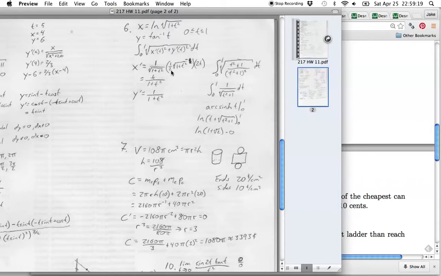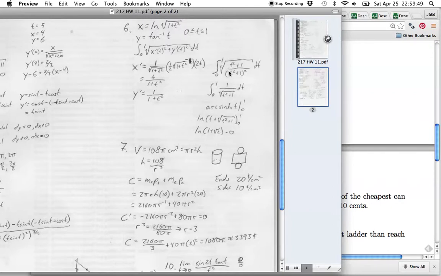So we get these 2's canceling. We get 1 over the square root, and we have 1 over the same thing here, so you have a square root squared, and we have the t. So that's where we get that part. And then the derivative of the inverse tangent is 1 over the quantity 1 plus t squared. So here we're just plugging our pieces in.